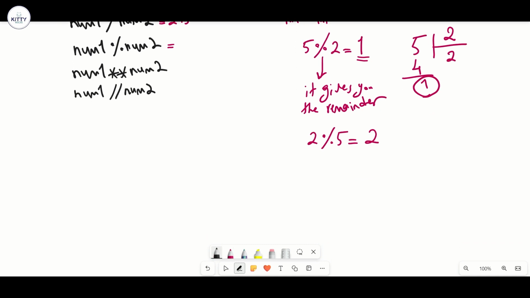Now let's make it difficult. 17 mod 750, I don't know, 54, let's say. So what do you think? It looks so difficult? Or maybe it is just difficult, but no, it's not difficult. The answer is simply 17.